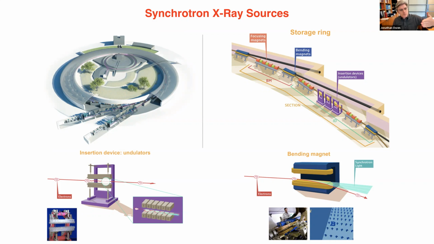Now, when the electron is pushed off axis, when it goes past the bending magnet, it releases a tremendous amount of energy as X-rays. The magnet is diagrammed here. The electron packet that flies by produces synchrotron light. So that is the act of bending it, or the act of running it past this undulator. An undulator is a bunch of magnets with oscillating orientation.